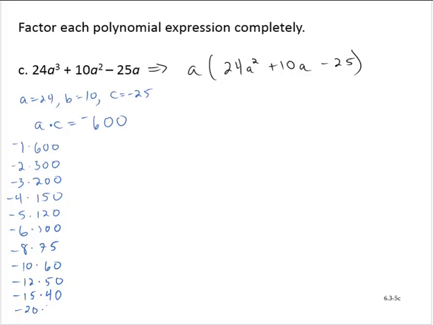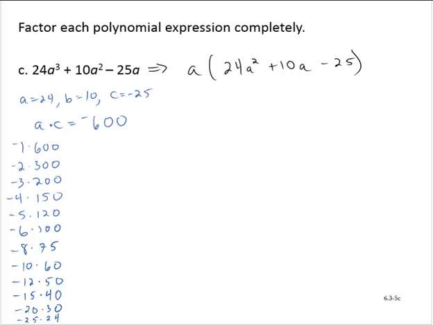Negative 20 and 30, and I think that's all of them. Oh no, 25 and 24. So I think that's all the pairs of numbers that multiply to 600.